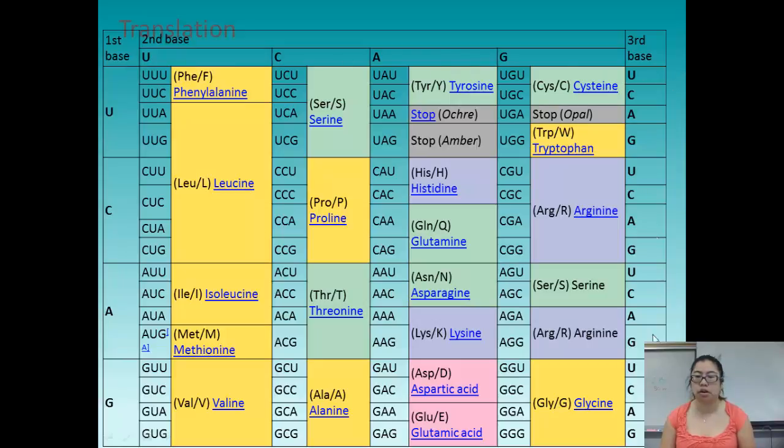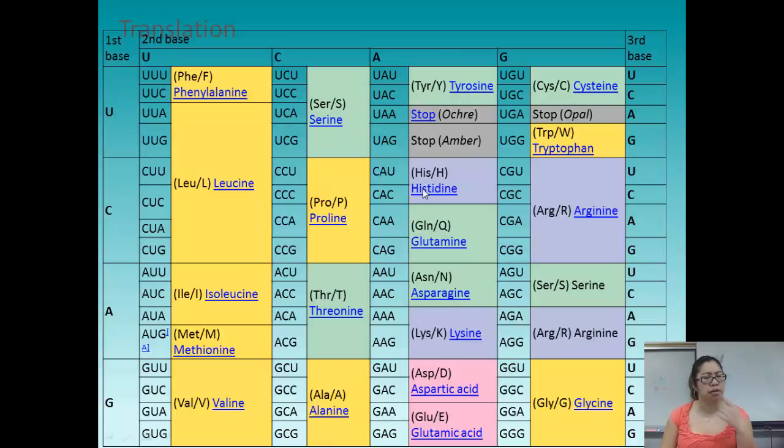So how do you read it? Well, for UUU, it codes for phenylalanine, one of the codons. In total, there should be 20 amino acids. We're not going to count them, but there are 20 amino acids.